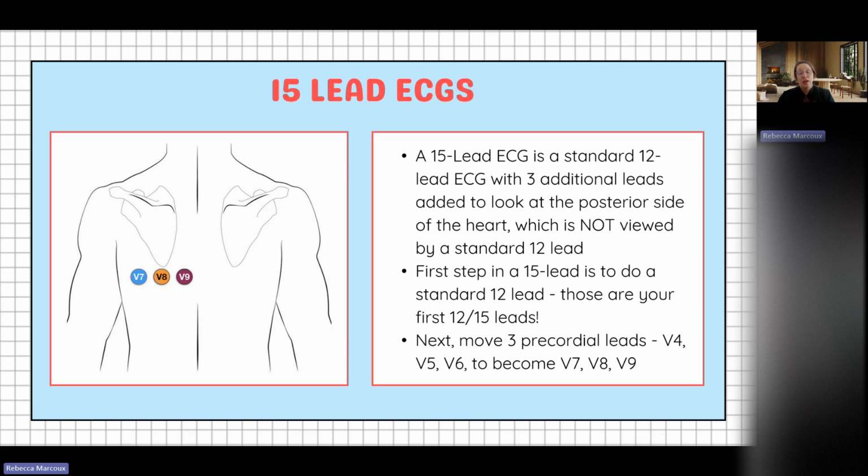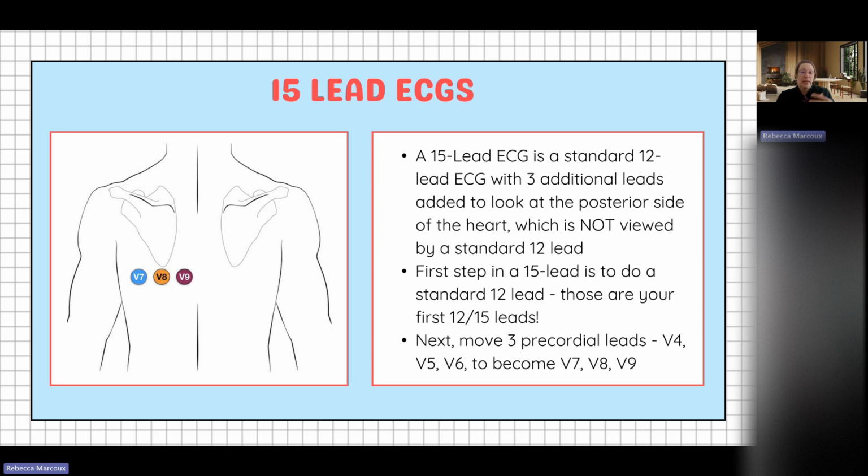Most importantly, depending on what machine you have, we need to do, in addition to the posterior leads, a standard 12 lead. If we're talking about a 15 lead, the original 12 lead that we do are the first 12 of your 15 leads.